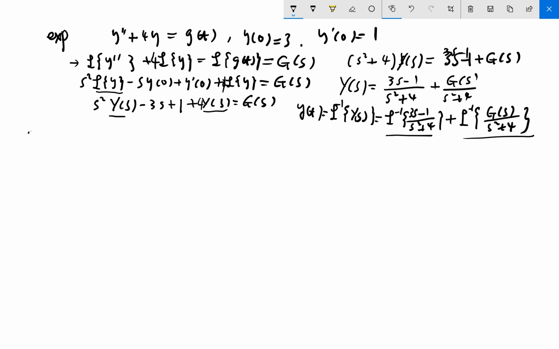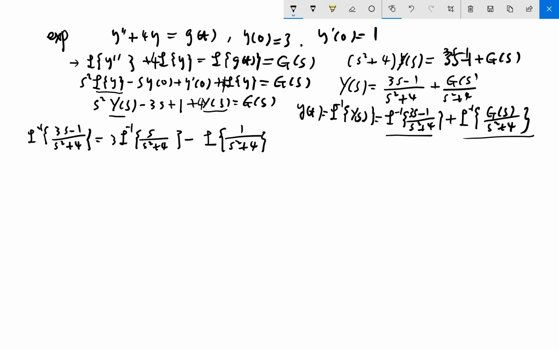Let's find the first one, 3s minus 1 over s squared plus 4. By using its property, this gives you 3 times the inverse Laplace transform of s over s squared plus 4, you put the 3 out, minus the inverse Laplace transform of 1 over s squared plus 4.